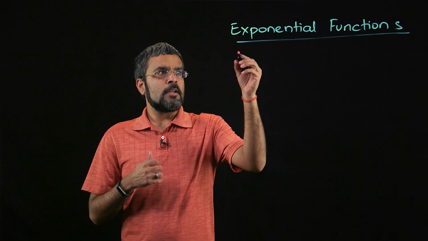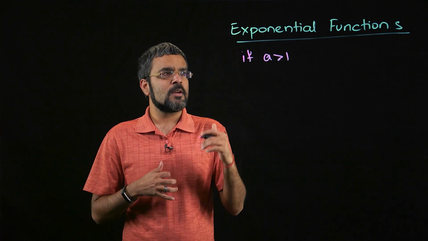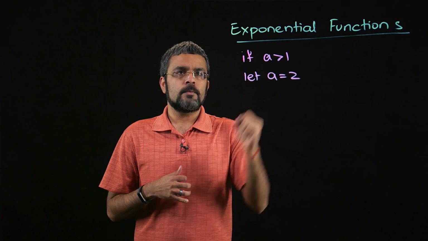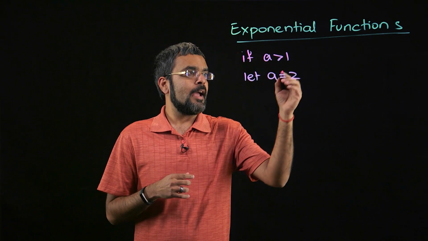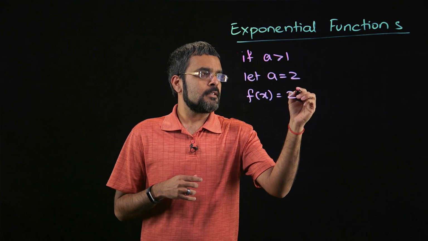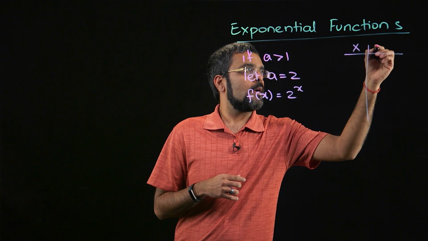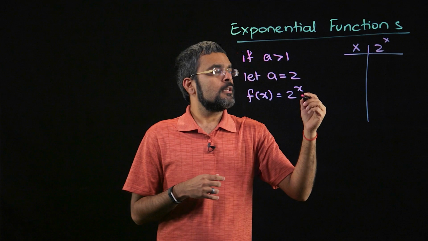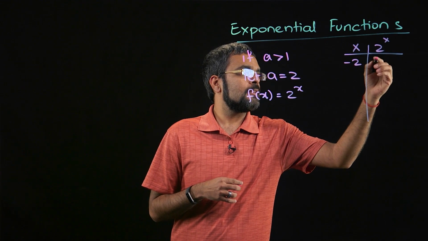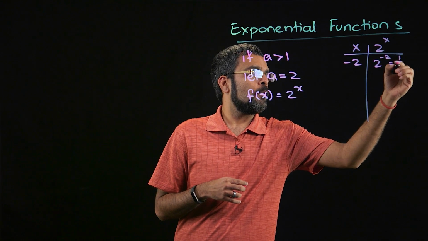So let's look at the graph of exponential functions if a was greater than 1. For our sake, let a be equal to 2. So let's go ahead and make a table. I have the function f of x equals 2 to the x. So you have x and you have 2 to the x. If I take negative 2, I get 2 to the negative 2, and that comes out to 1/4.